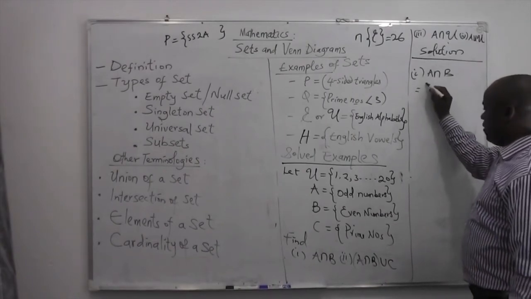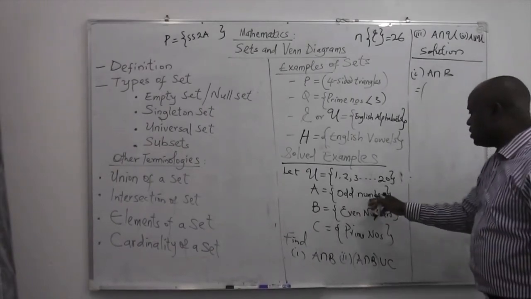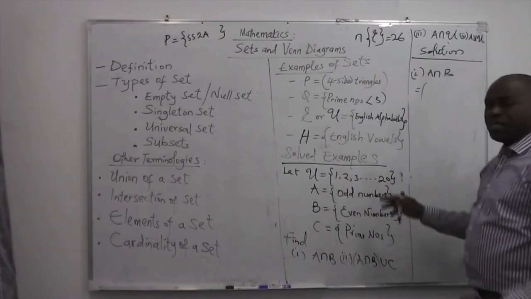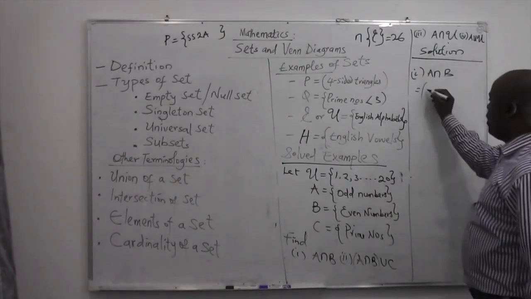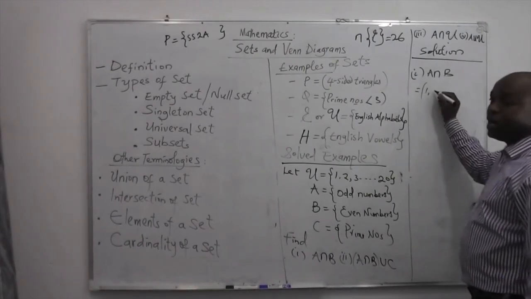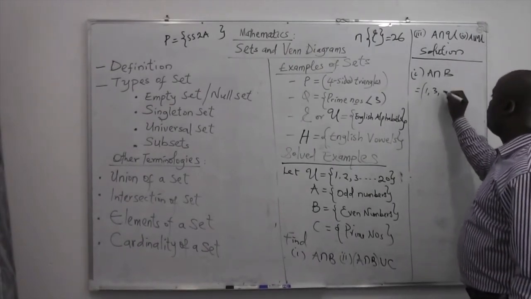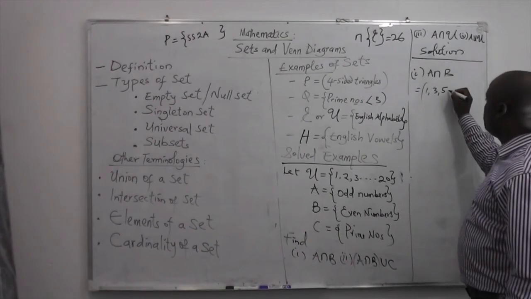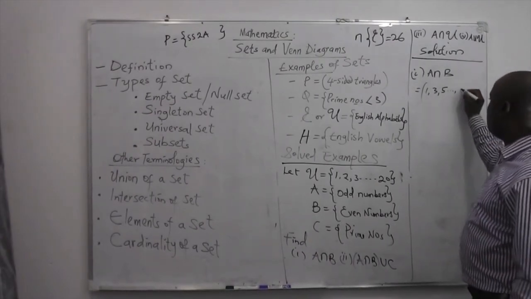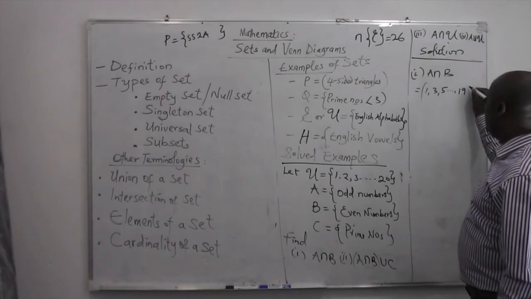Good. What is A intersection B? I look at A. I said odd numbers, that is odd numbers between 1 and 20 inclusive. And what are they? The first odd number is 1, followed by 3, followed by 5. You will continue like that until you reach the last odd number, which is 19.